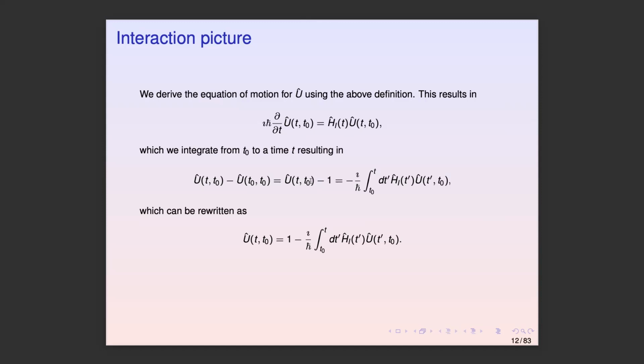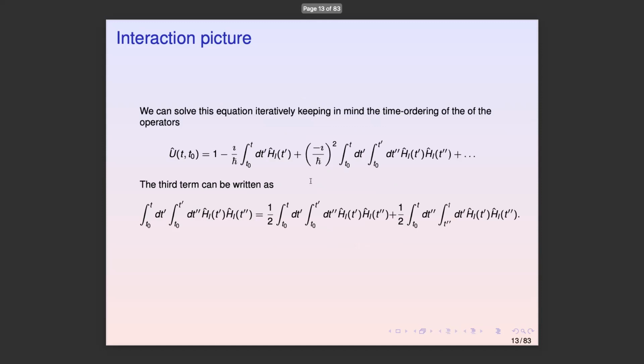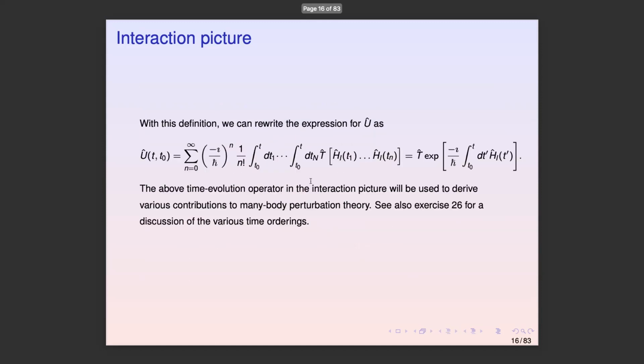And this type of equation, as we discussed last time, can actually be rewritten. And if we just end up here, we can rewrite that in terms of a set of time-ordered operators. So that means that the time t1 is larger than t2, larger than t3, etc. And we have a sequence of such operators.